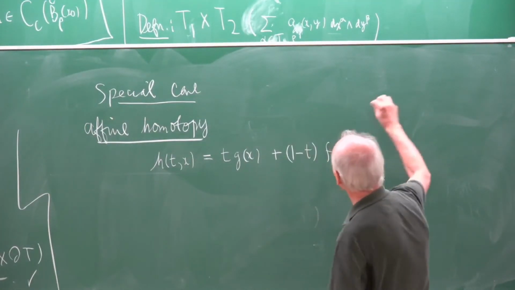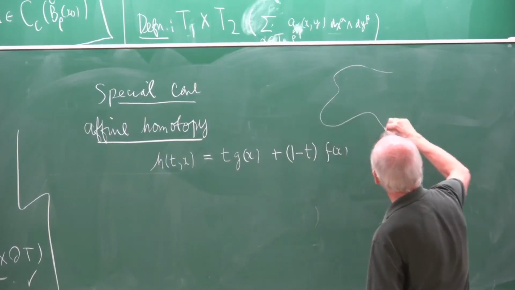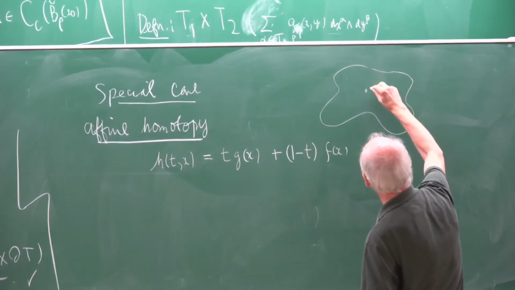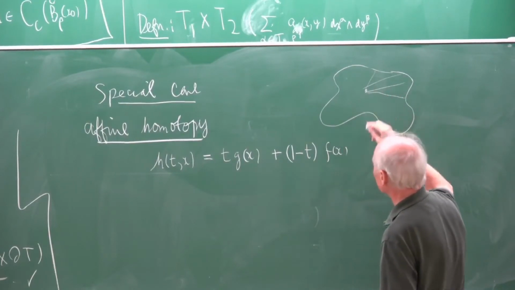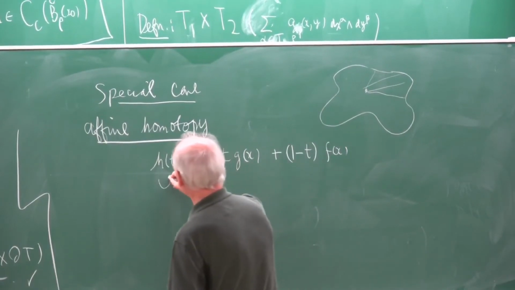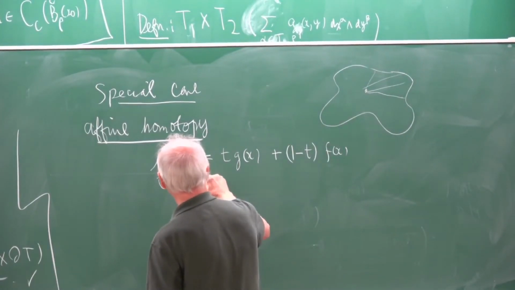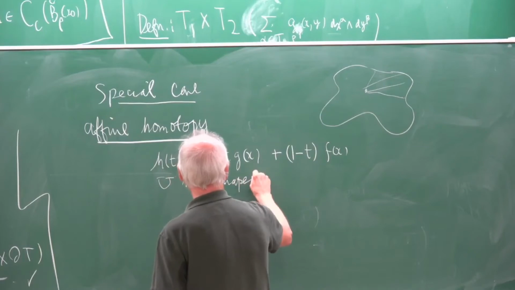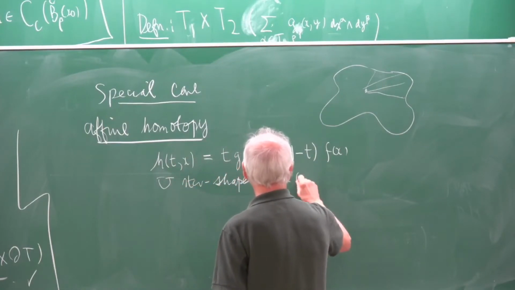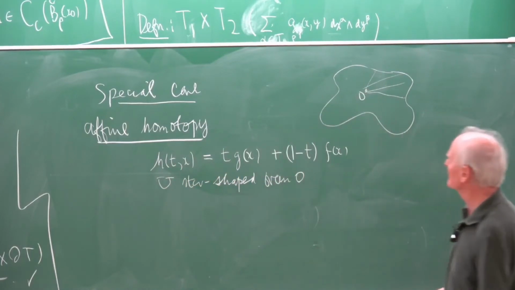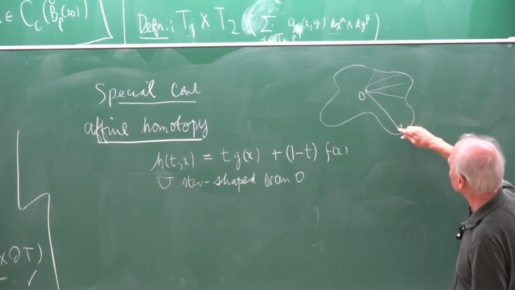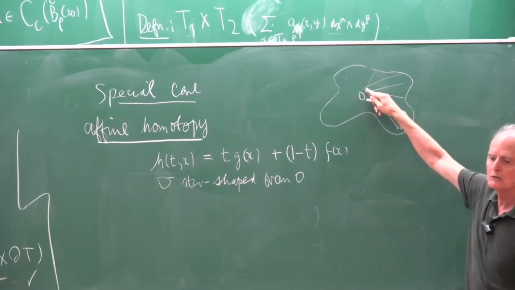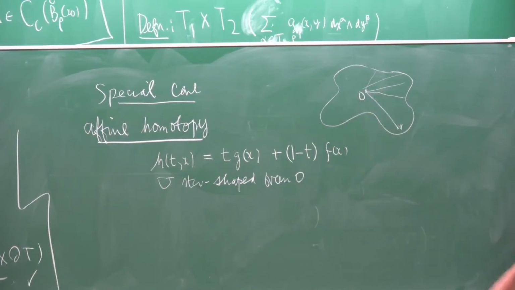But we'd better make sure we're in a star-shaped domain from the origin, otherwise this will take us outside the domain. So 0 is somewhere inside the domain, and if you have a point y in the domain, then the whole ray joining y to the origin is also in the domain. Star-shaped.